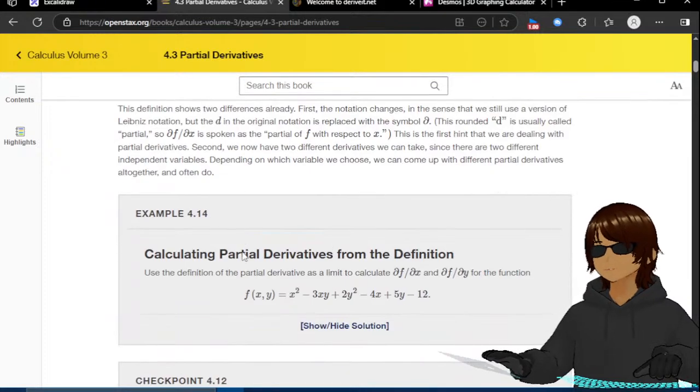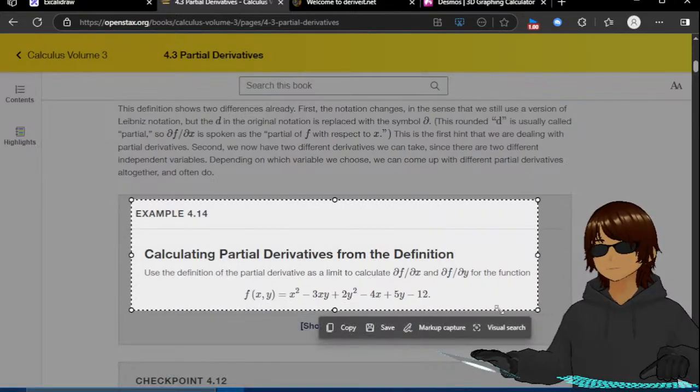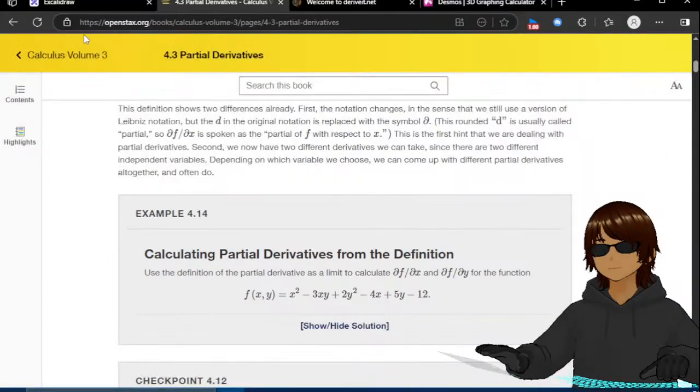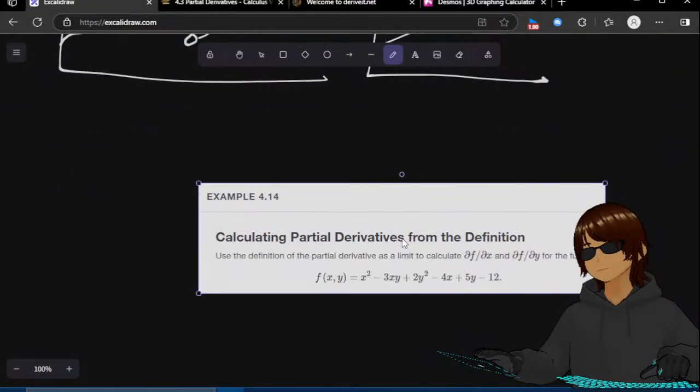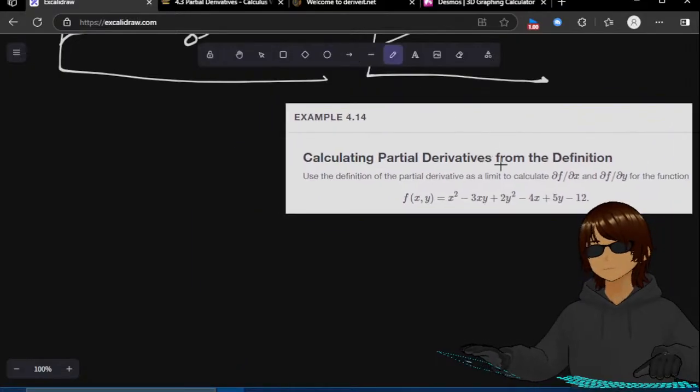Hold on. Let's try this. So this is 4.14. F of x is all of this.